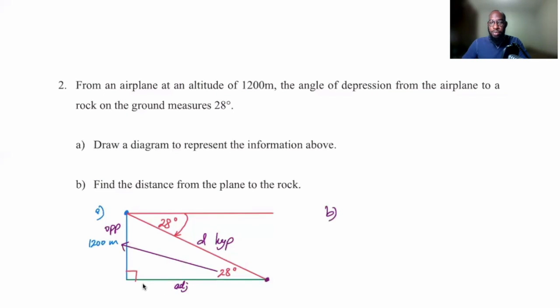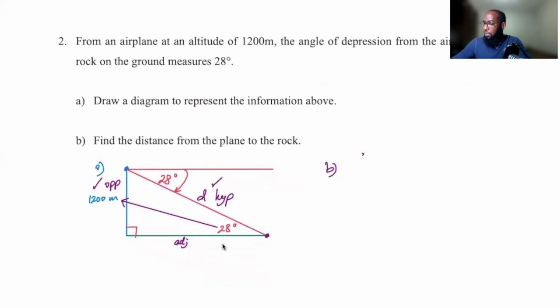So we have the opposite, and we have to find out the hypotenuse. So we're looking for a trig ratio with opposite and hypotenuse. So we are choosing sine.